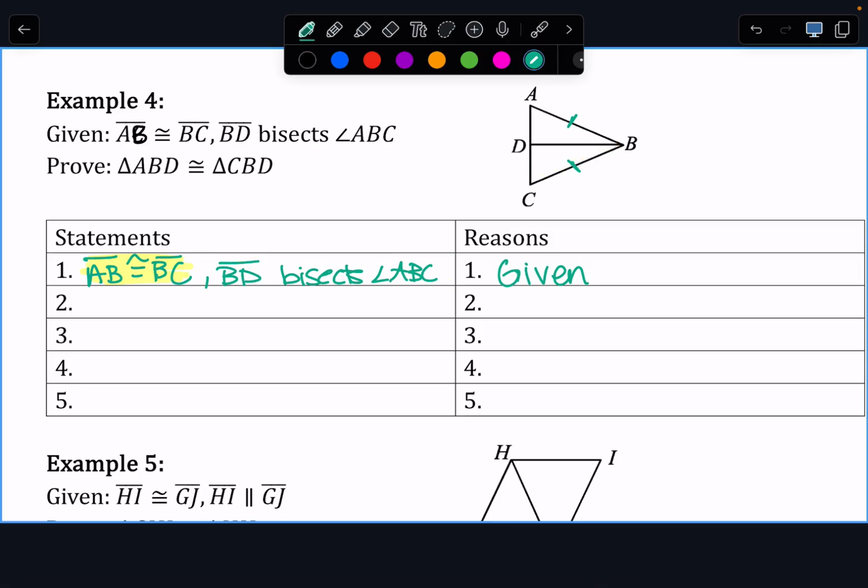If BD is bisecting our angle ABC, then it is giving us two congruent angles. Angle ABD is congruent to angle CBD because of the definition of bisects. Bisecting an angle creates two congruent angles.